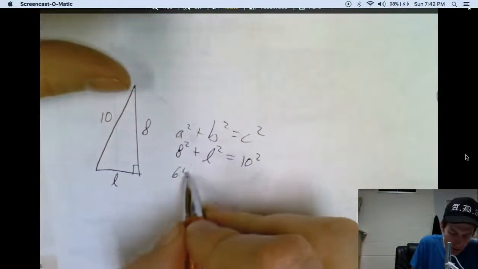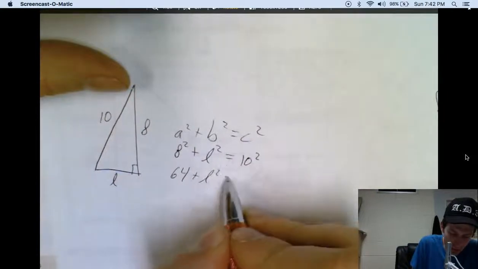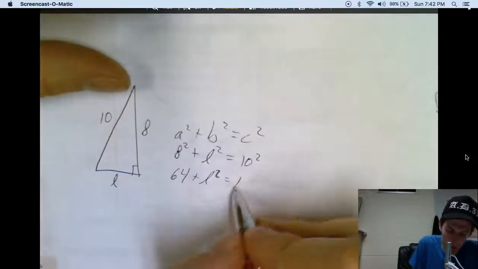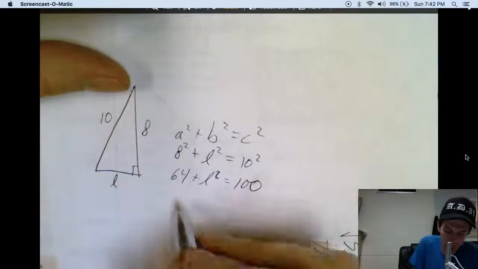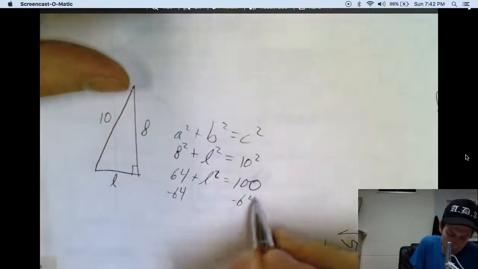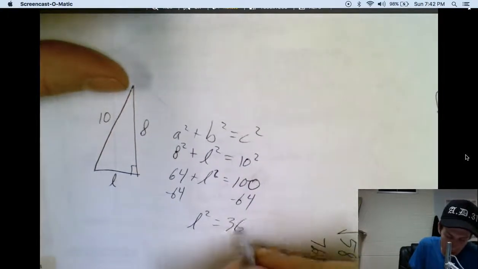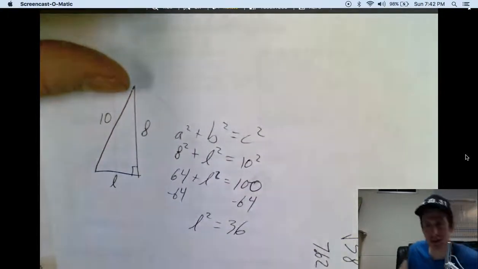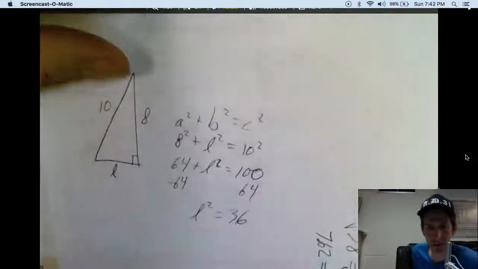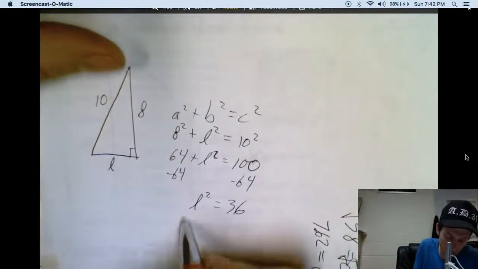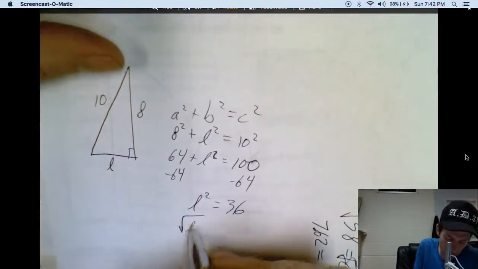8 is a leg, so 8 squared plus L, the other leg, squared, equals 10 squared. 8 squared is 64. Plus L squared equals, what's 10 squared? 100. Subtract 64 from both sides. L squared then equals 36. Oh, hey, I gave you a really nice one here. I didn't even do that on purpose. Watch this. What's the square root of L squared?